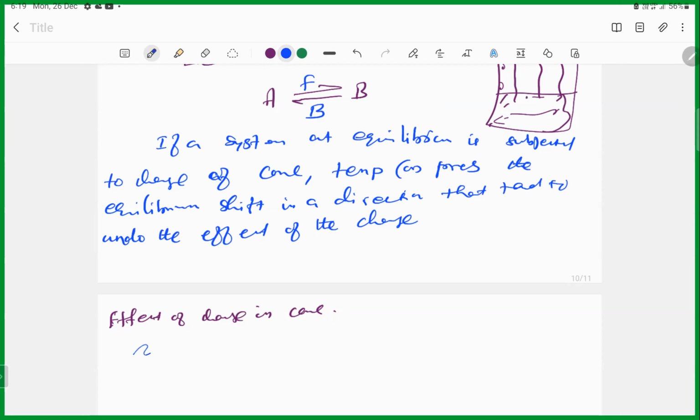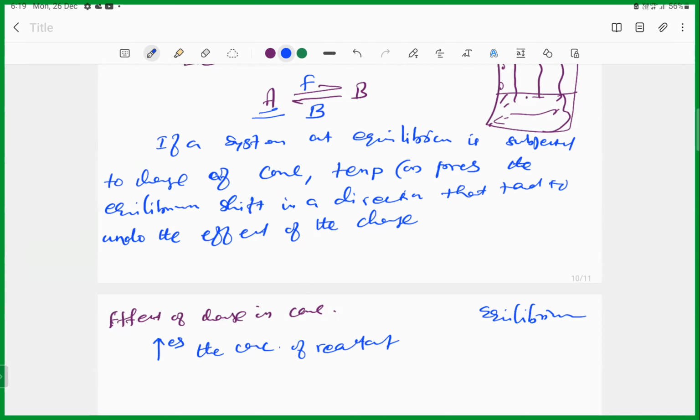Suppose you are increasing the concentration of reactant. Tell me, we increase the concentration of A, so which side will the equilibrium shift, forward or backward? When you increase the concentration of A, does the reaction go in the forward direction or the backward direction?